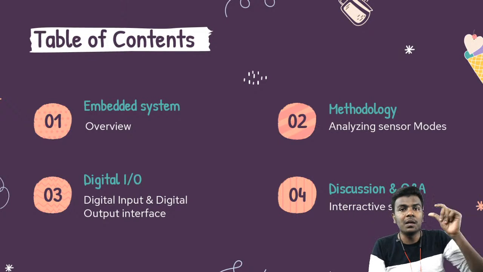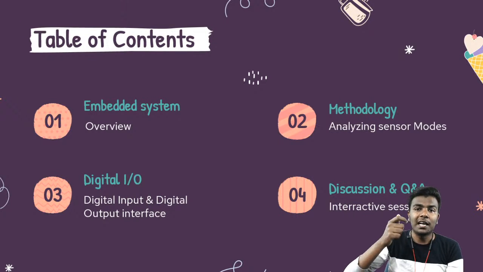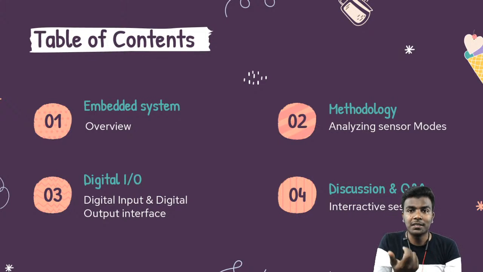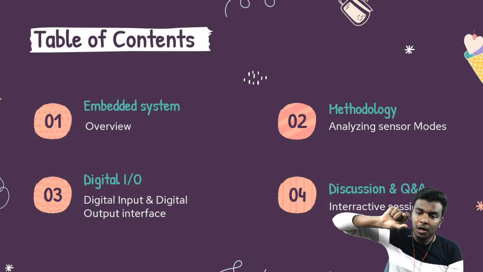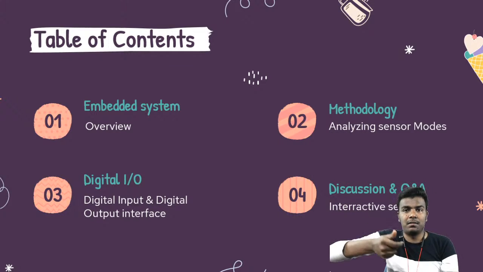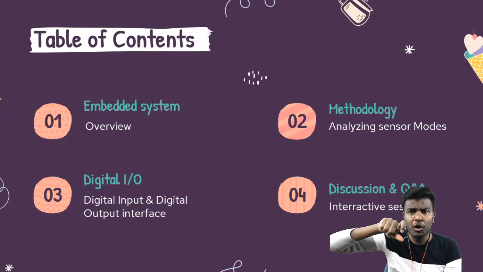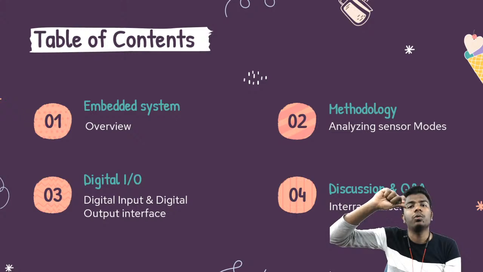But if you see the potentiometer which is used to adjust the speed of the fan, what do you do? You just turn that trim pot or potentiometer from 0 to 1 level.